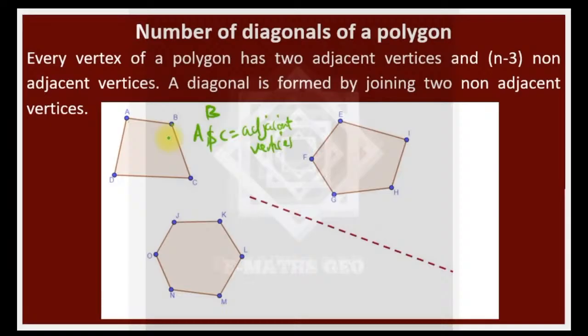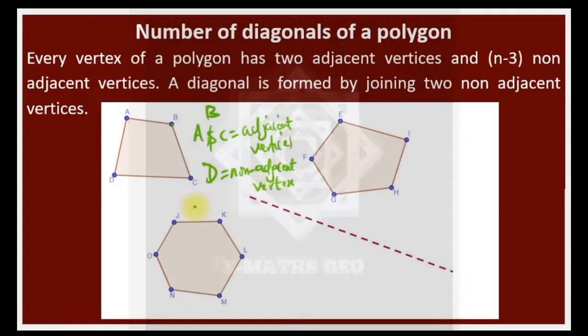So the vertex that forms a side is the adjacent, while the non-adjacent is the one that forms the diagonal. So for B, the adjacent vertices are A and C, while D is the non-adjacent vertex.